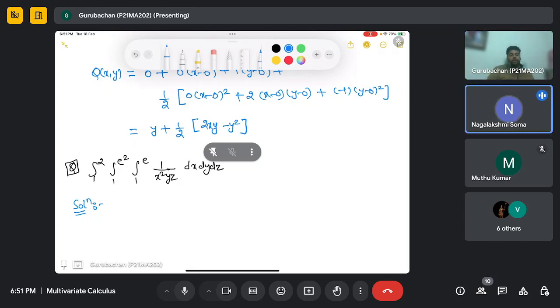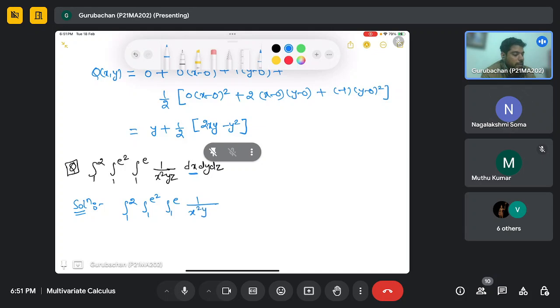Okay. First of all, here we have to integrate with respect to x first. So this will be integral 1 to 2, 1 to e square, 1 to e, 1 by x square yz dx dy dz. This will be 1 to 2, 1 to e square. Since we want to integrate with respect to x, this will come out, and 1 to e, 1 by x square dx, and dy dz.